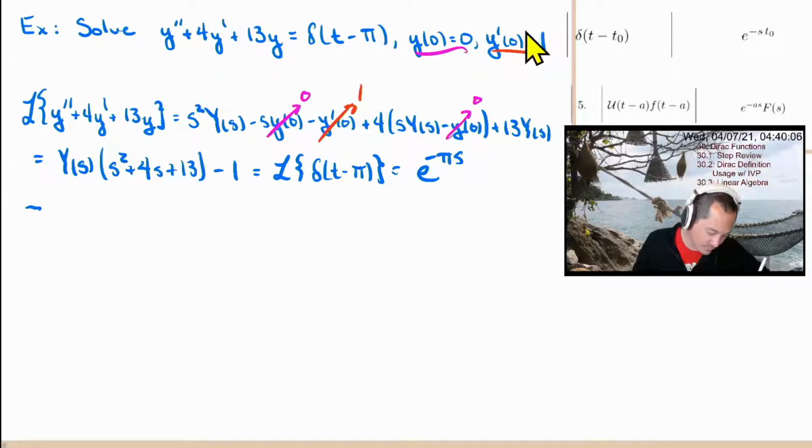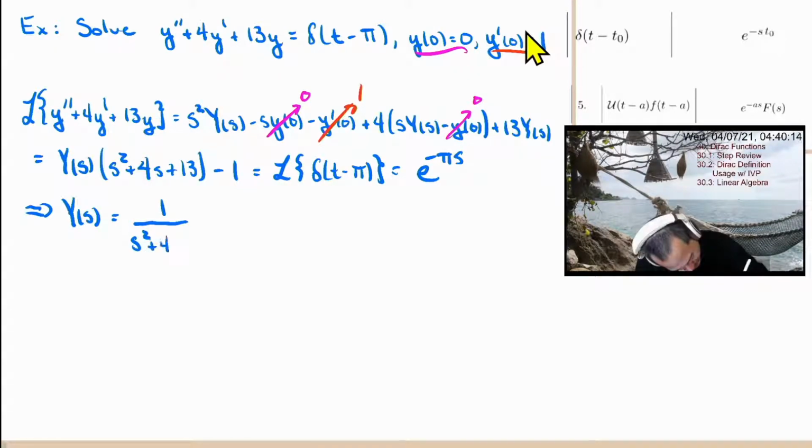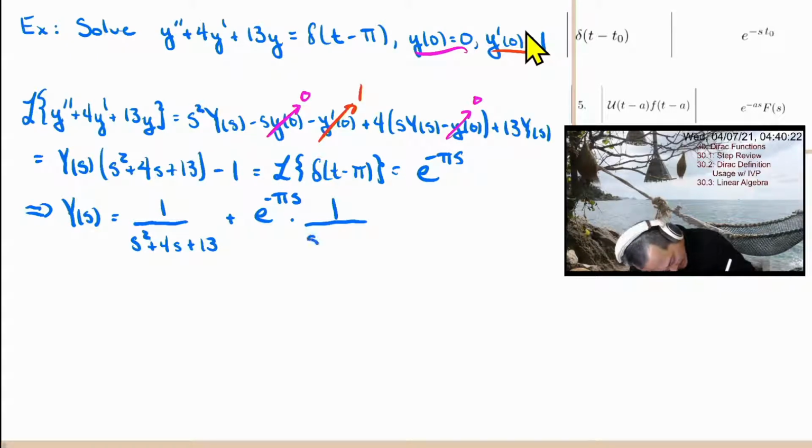So if I solve for capital Y of s, I get 1 over s squared plus 4s plus 13, plus e to the minus pi s times 1 over s squared plus 4s plus 13.